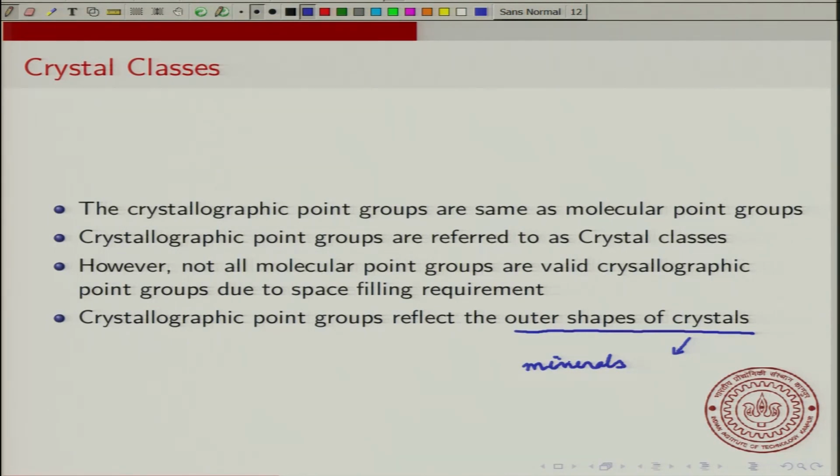So there are fairly large crystals and these are fairly exquisitely shaped. And so you can look up shapes of crystals of especially minerals. If you take any one well formed crystal piece, the shape of that crystal will be reflected in the crystallographic point group. But in any case, we will not talk too much about the outer shapes of crystals here.